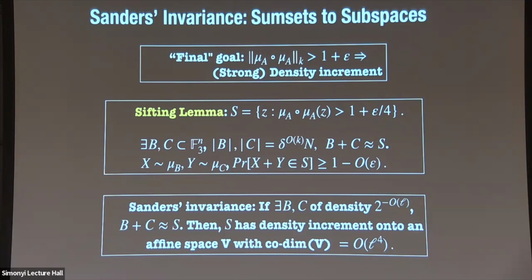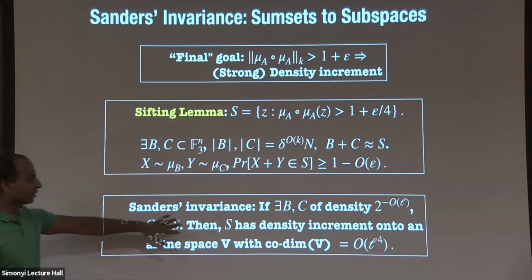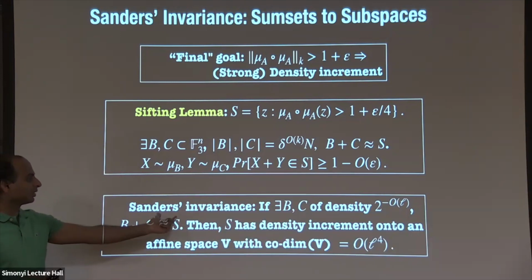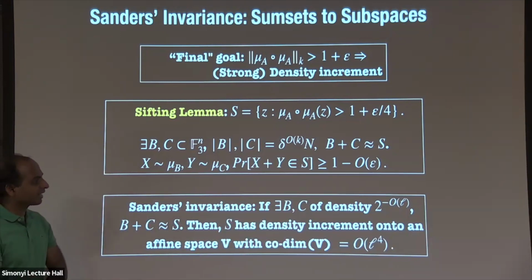But fortunately for us, this step has been done before. It's also known as almost periodicity in some other works. The specific lemma we use is due to Sanders, which says that if you have density increment onto a Sumset, you should also get density increment onto an affine space.